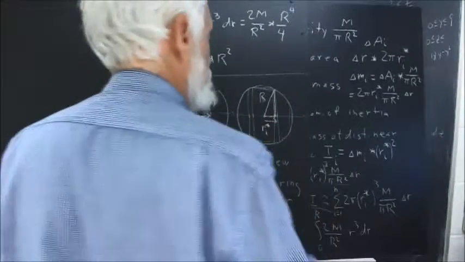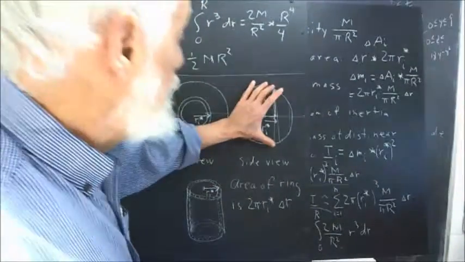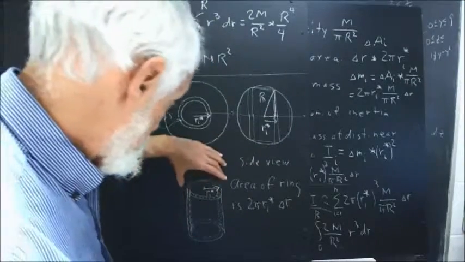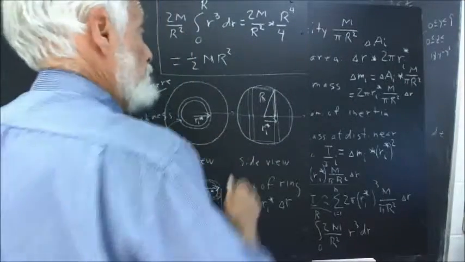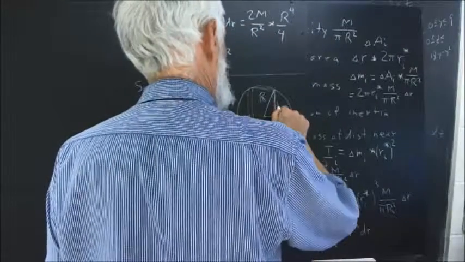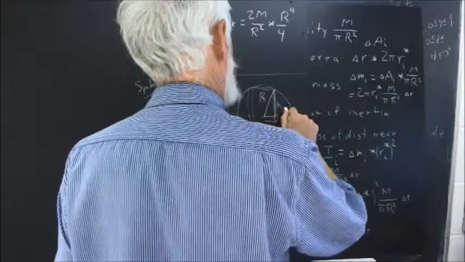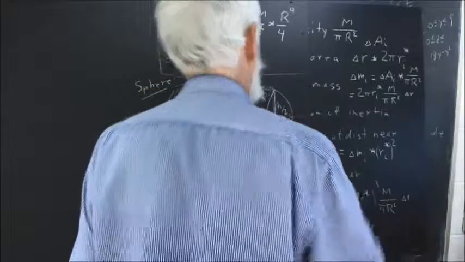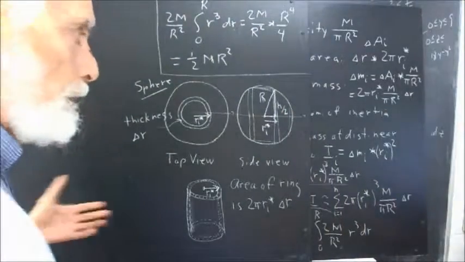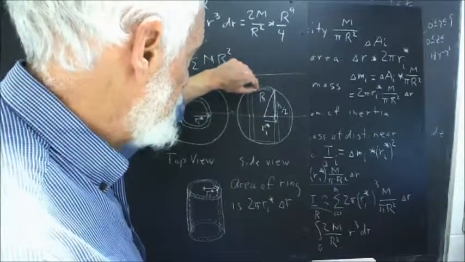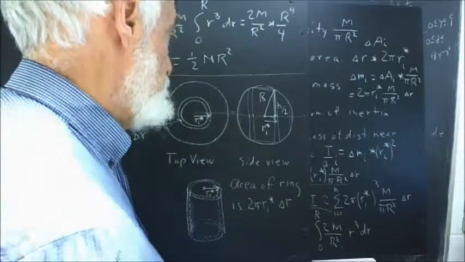And what's the third leg? The third leg is half the altitude, or half the height of this shell here. We'll call the height h, so the third leg is h over 2. And using the Pythagorean Theorem, we see that h over 2 is going to be the square root of big R squared minus little r sub i star squared.